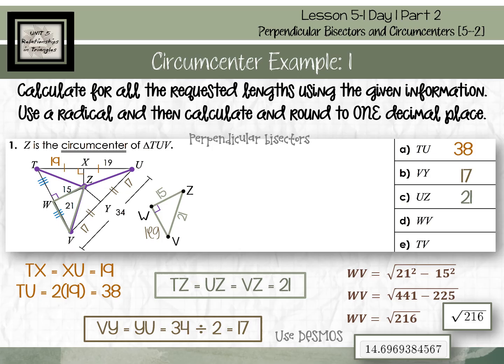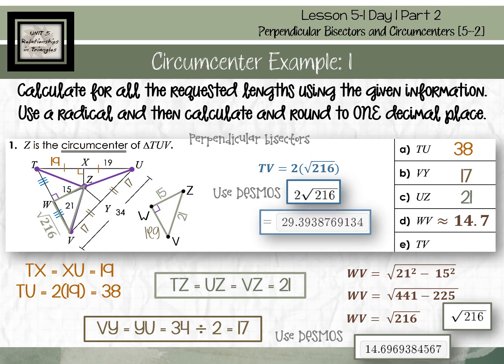We get the square root of 216, or 14.7 is how it would round. Length of segment TV, let's look at that. Well, we just found WV, and TV is twice that. So we can use Desmos to double that, and we get about 29.4.